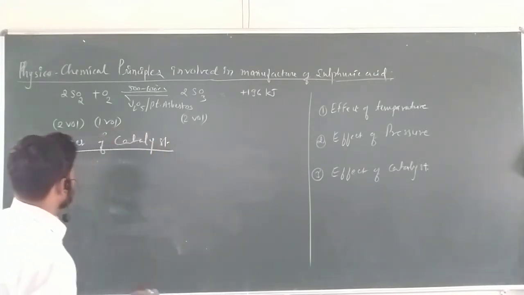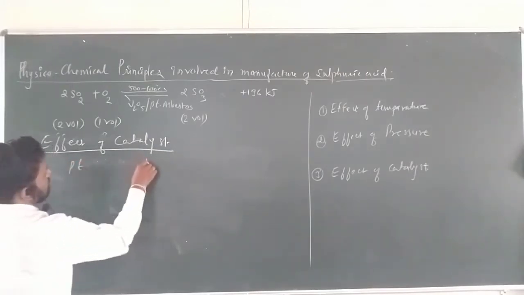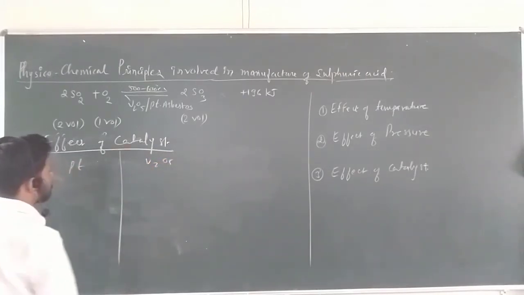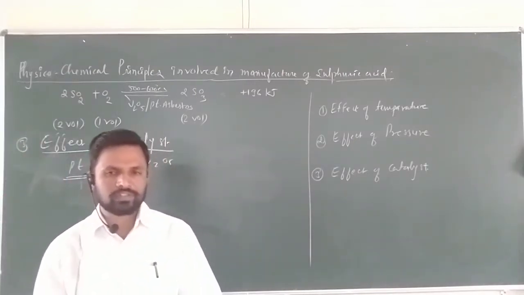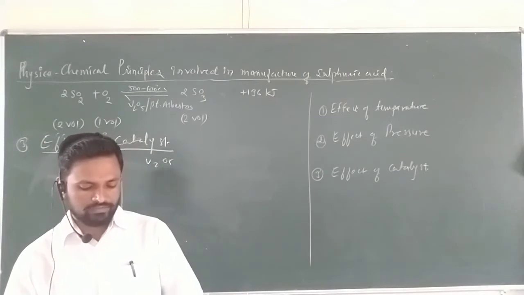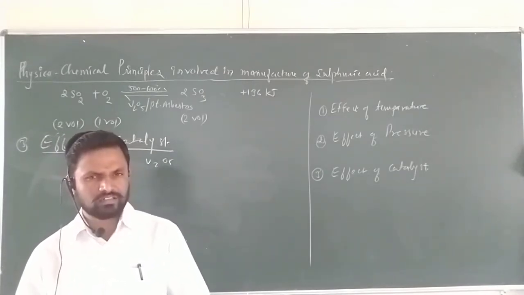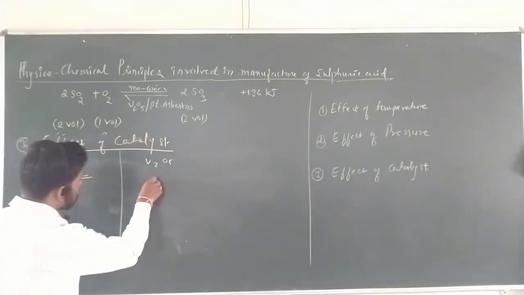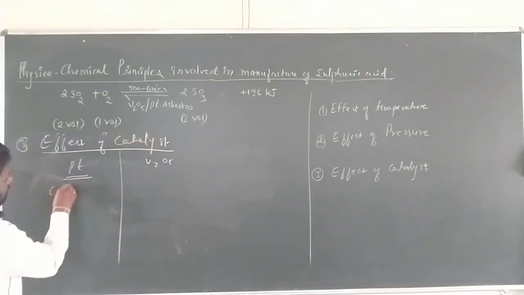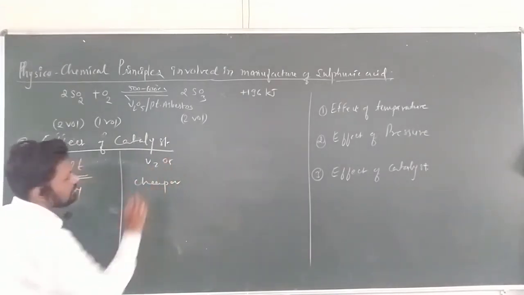If you compare the two, first of all, platinum is very costly as compared to vanadium. Platinum is costly and vanadium pentoxide is the cheaper one.